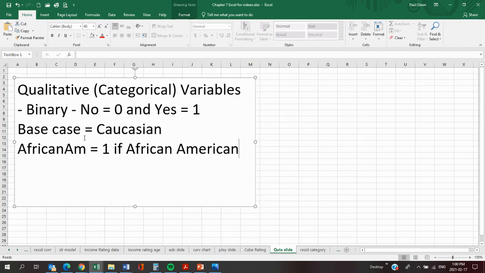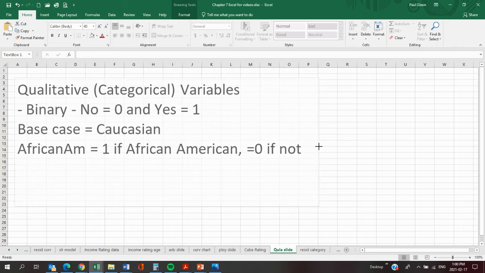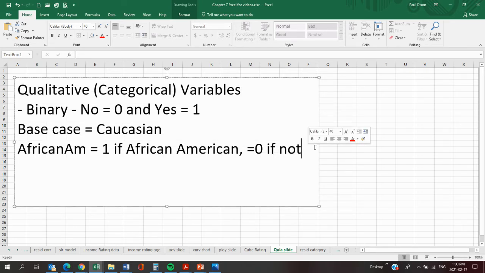This is US data; this is their language in that regard. But it's equal to 0 if not. If you're not African American, you're Caucasian, or if you're Asian, then we'll make it 0.